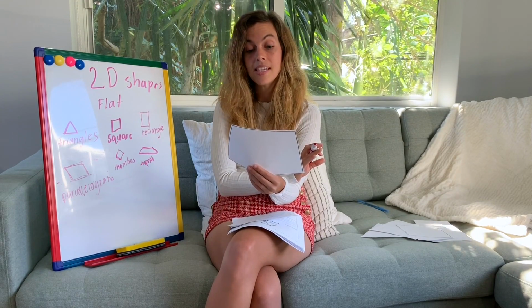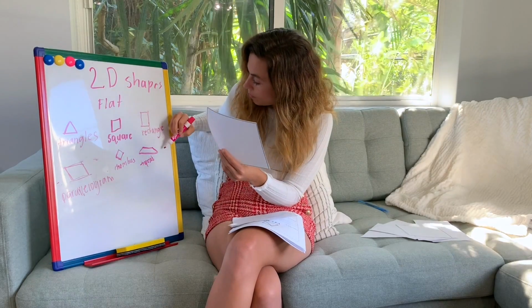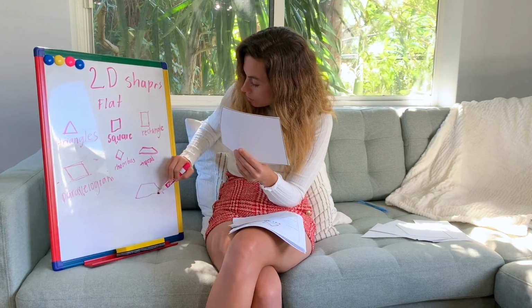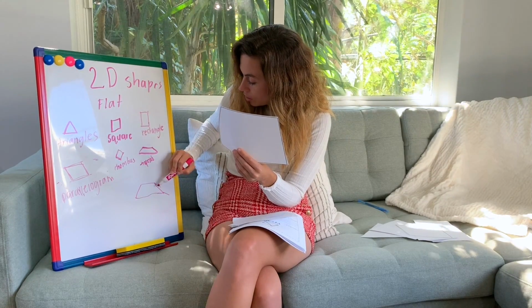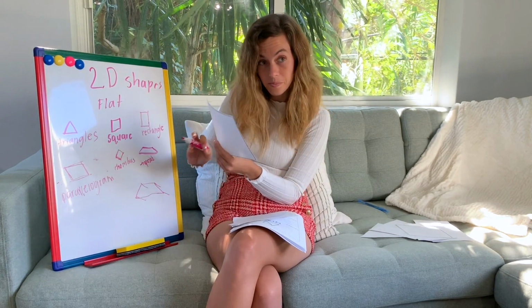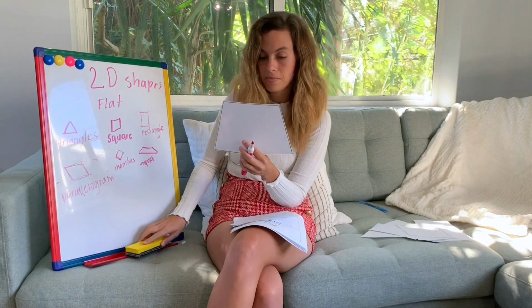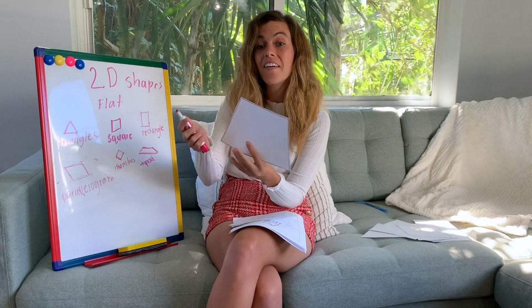Okay, so sometimes tables might have this shape. I'm going to kind of draw some examples for you. So sometimes you might see a table that is shaped like a trapezoid. What else? Okay, good.